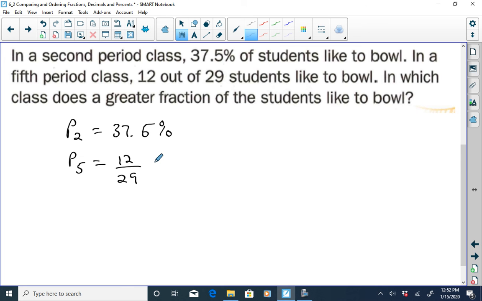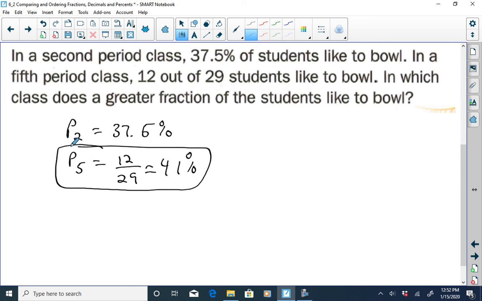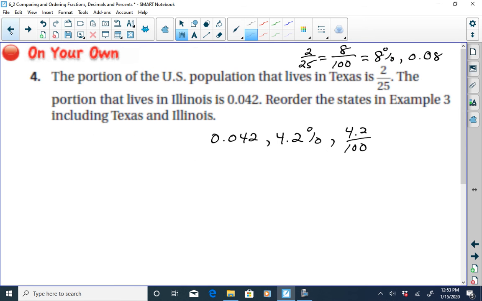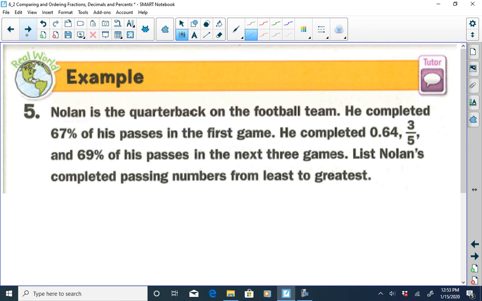So we can take our calculators and divide 12 by 29, and we get approximately 41%. The class with the greater fraction then would be the period 5 class, because period 5 is 41%, period 2 being the 37.5%.